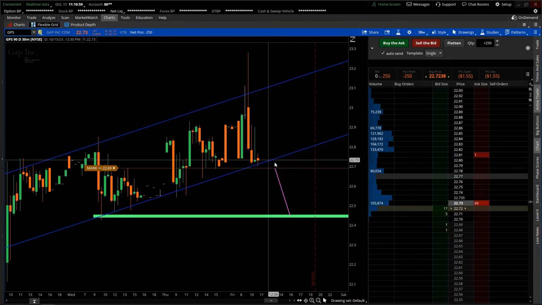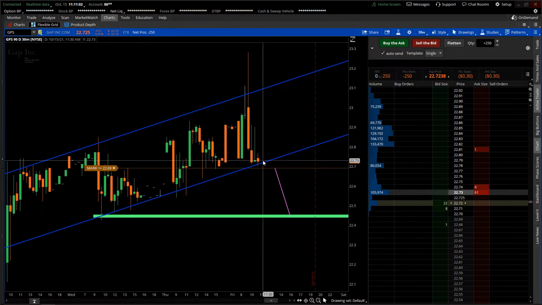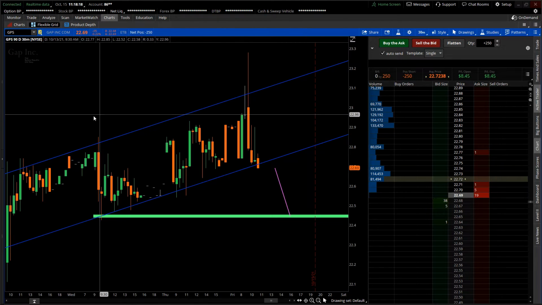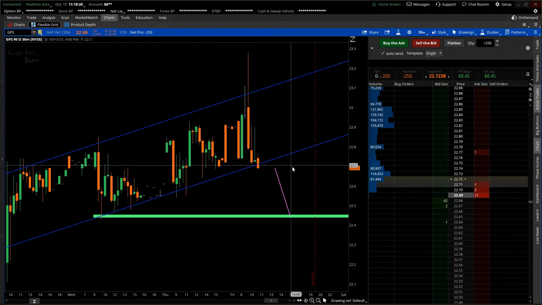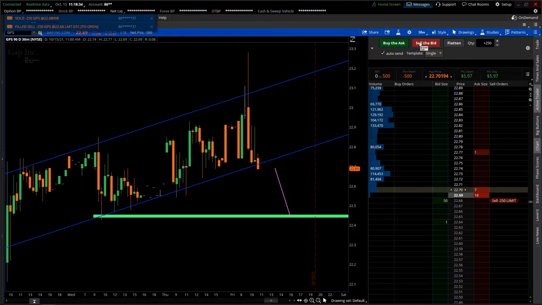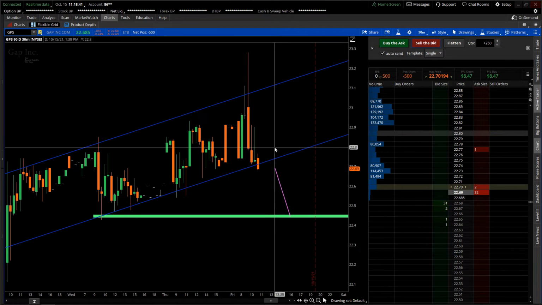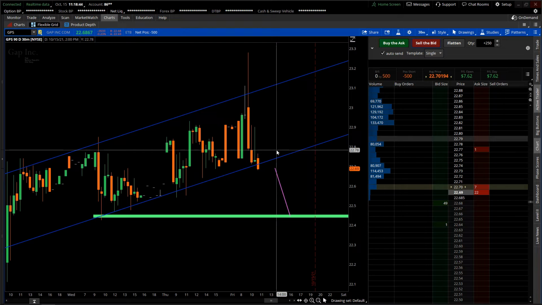So in the meantime, as this ranges still, I'll pause it and I'll be back. Okay, my alarm just got triggered, and I'll add another 250. So now all I have is 500 shares shorting. I'll put a stop here at 22.80.